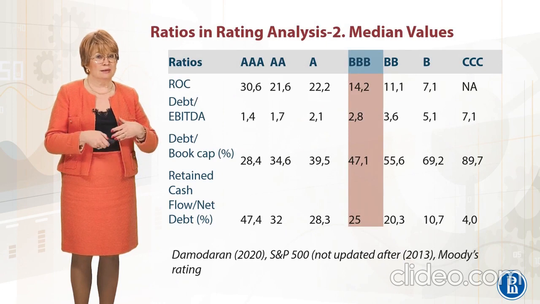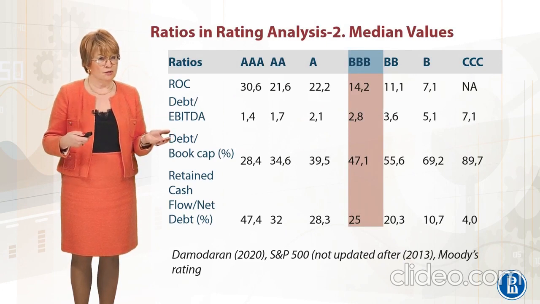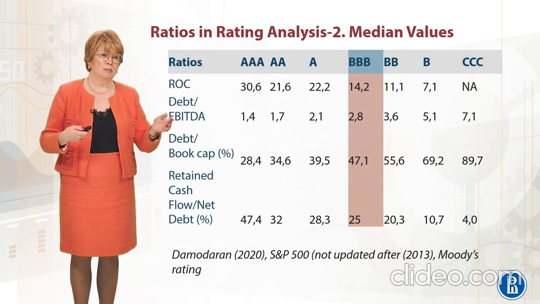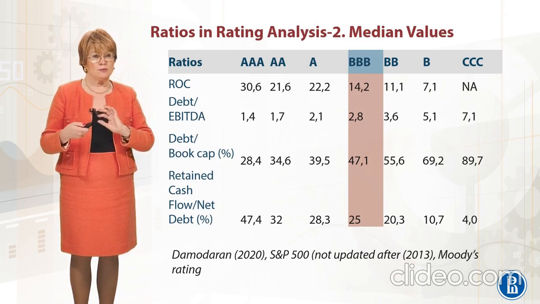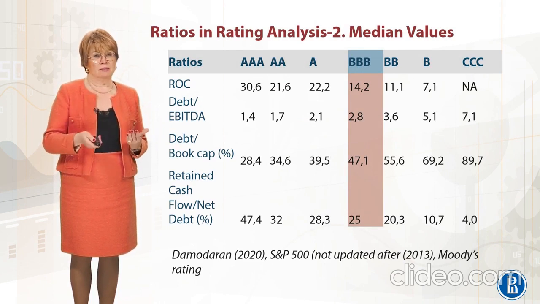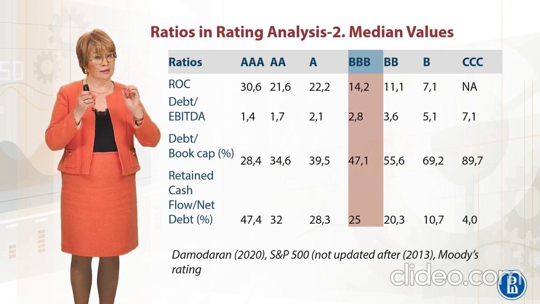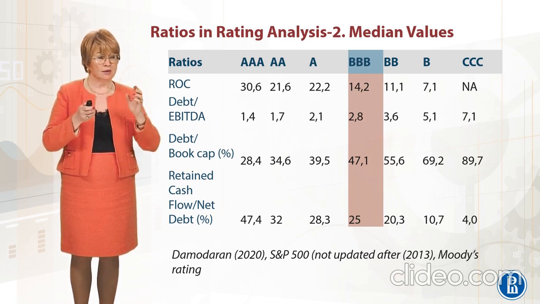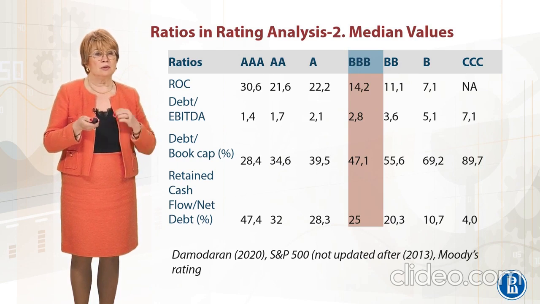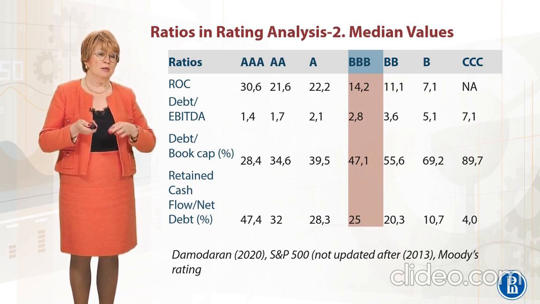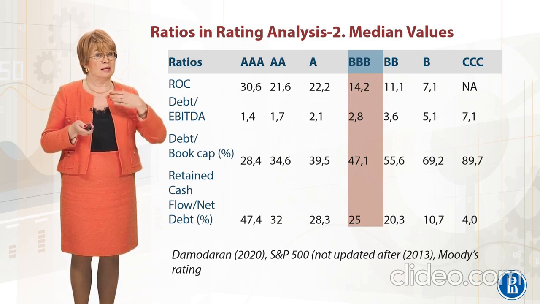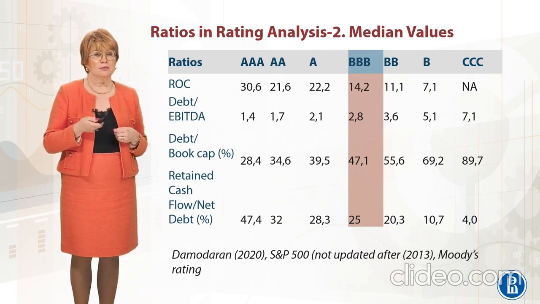We can just enlarge the representation of different financial ratios by rating groups. You can look here, BBB is underlined by the red color just because this is the last investment grade rating. Those companies with the BBB are more certain companies for investors, less risky companies for investors.